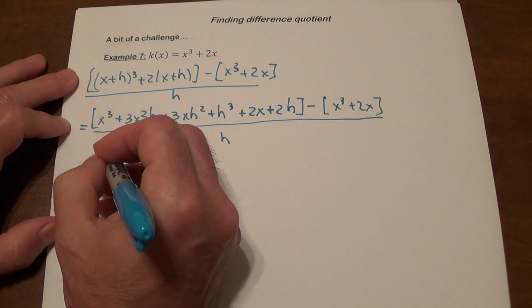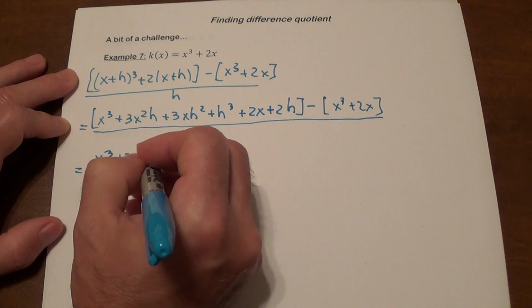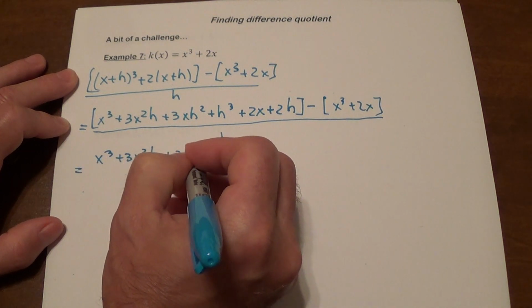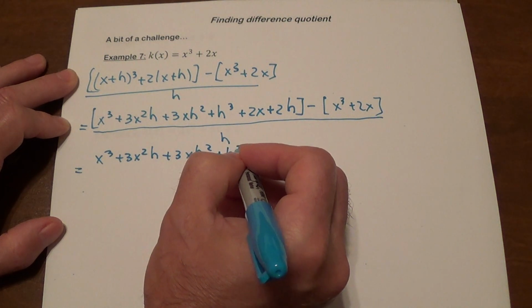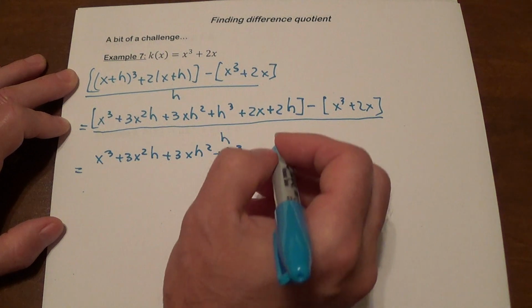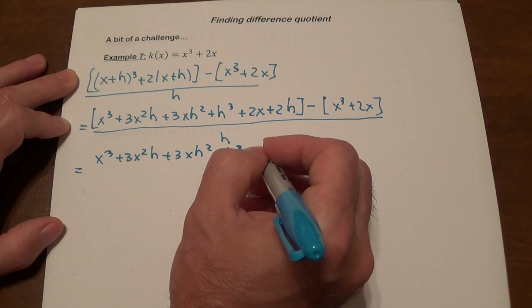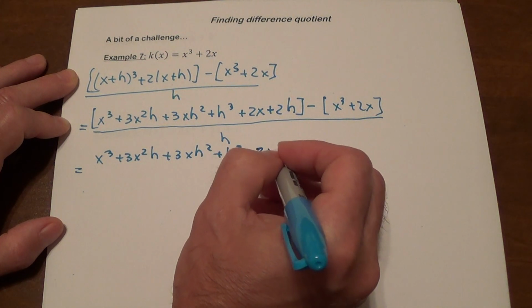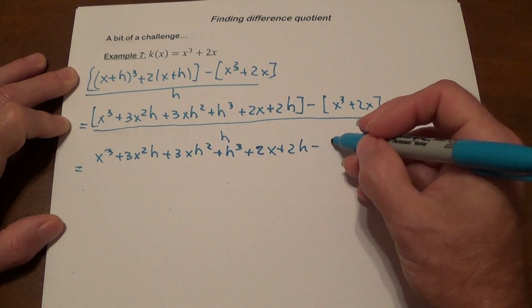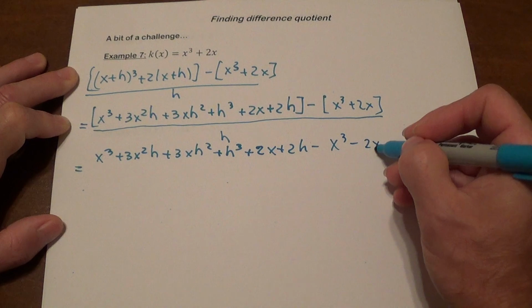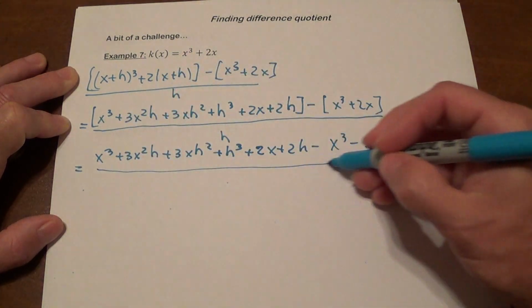So this is x cubed plus 3x squared h plus 3x h squared plus h cubed plus 2x plus 2h minus x cubed minus 2x, all that over h.